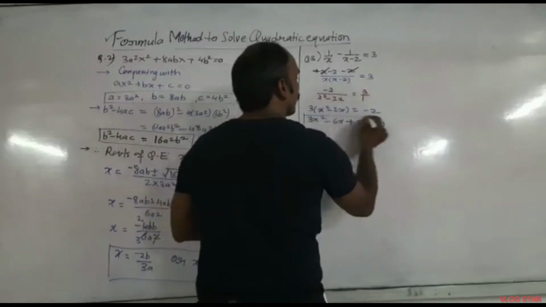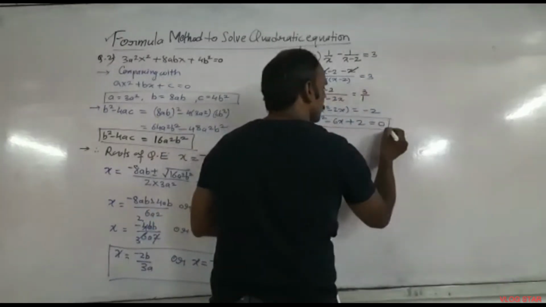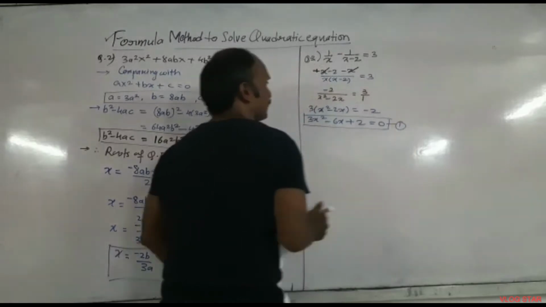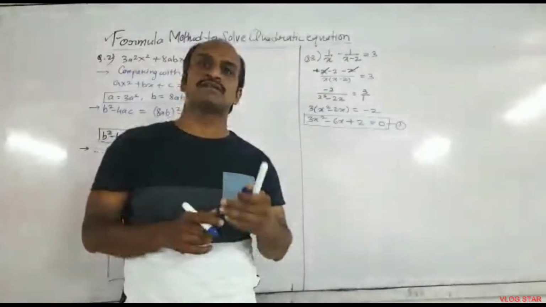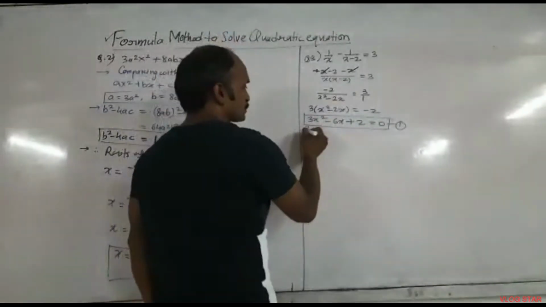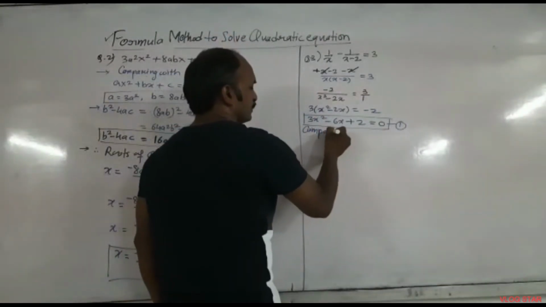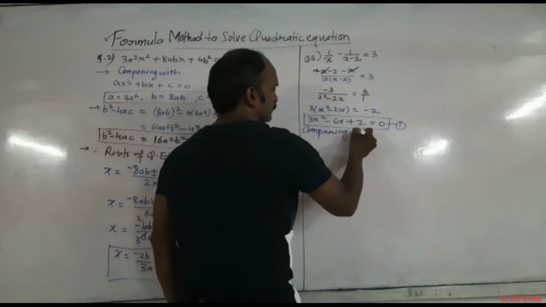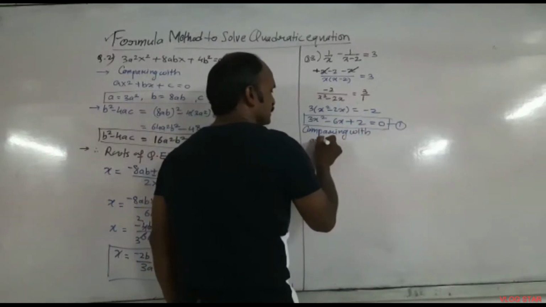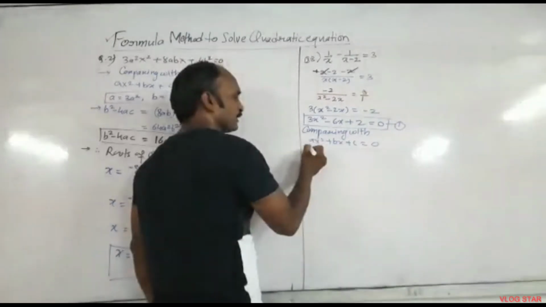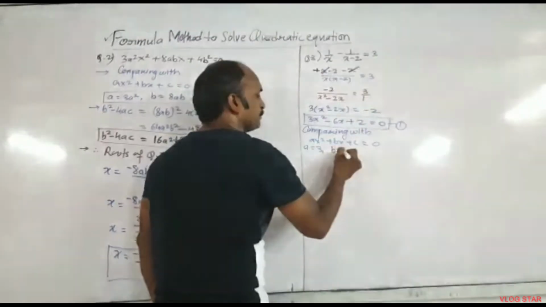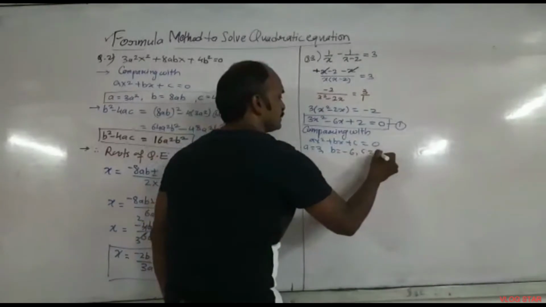Now we have got a quadratic equation. Okay? So since we have got a quadratic equation, we will compare this equation with the standard form, that is ax² + bx + c = 0. You will get a is equal to 3, b is equal to −6, c is equal to 2.